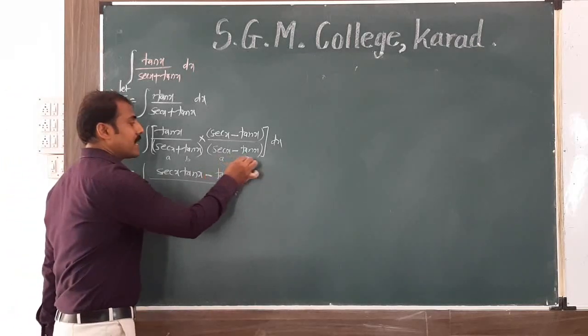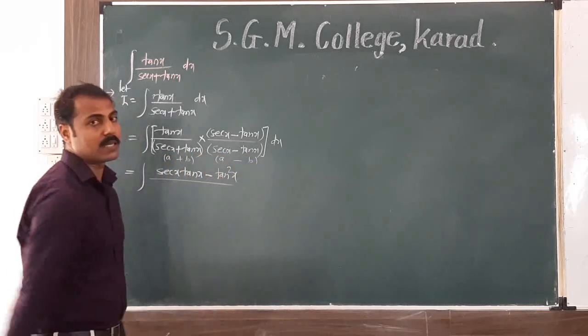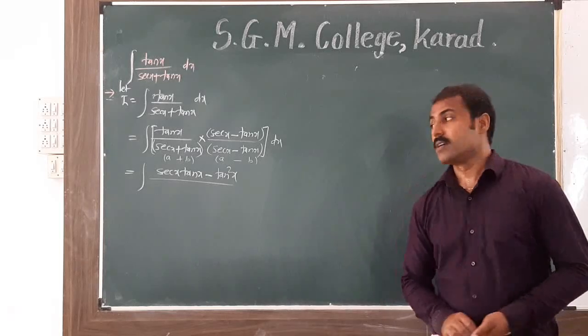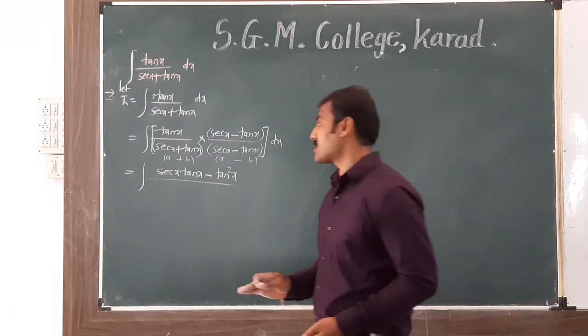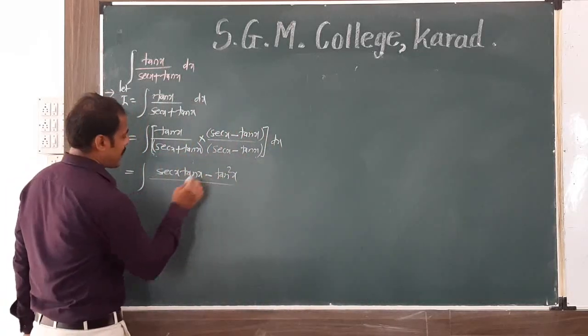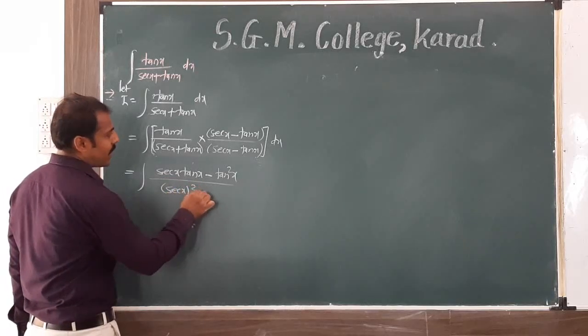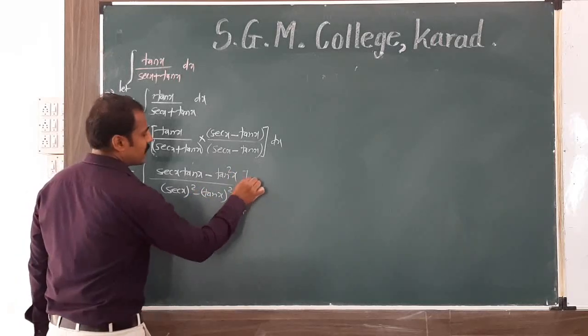So it is a plus b into a minus b. The formula for a plus b into a minus b is what? A square minus b square. So square of the first term, that is sec x bracket square, minus tan x bracket square, okay, dx.